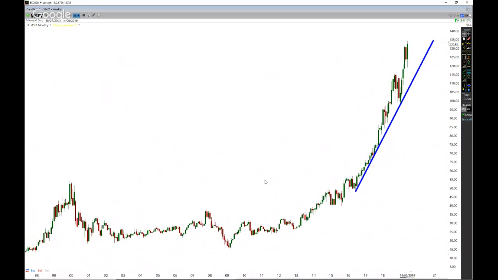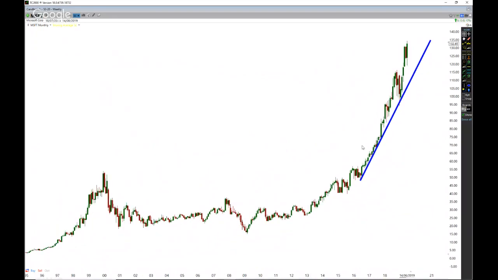But if we're looking at the next correction, you can see how, once again, these momentum lines really do start to tell you when the overall market is starting to change tune. So if I draw my trend line back here, I'm going to look at the tech bubble days. As you can see, on the tech bubble, that's that line through there.